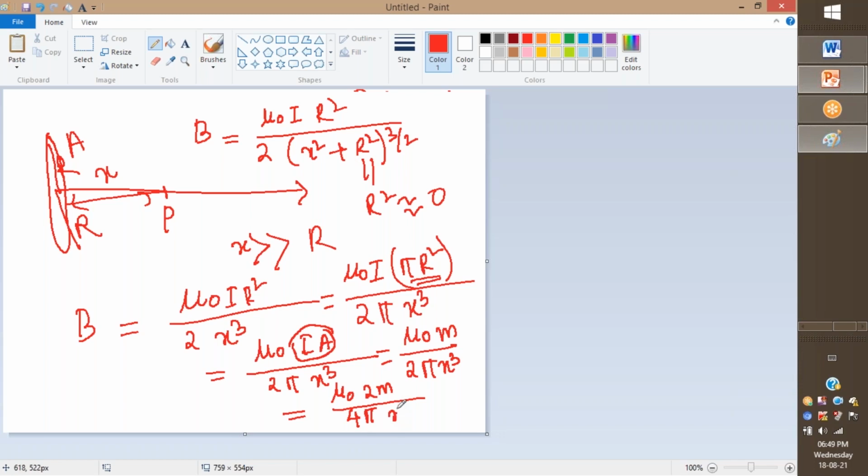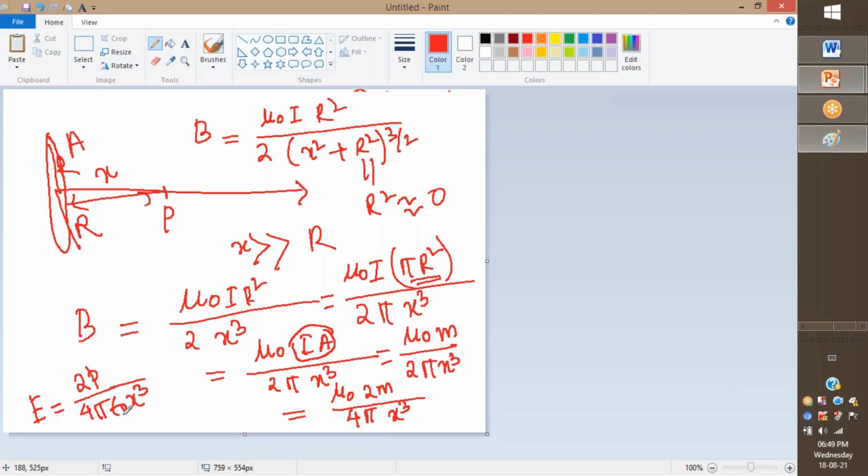Look, this expression you might have learned in case of electric dipole also. For any axial point of an electric dipole, the electric field created is 2p by 4 pi epsilon naught into x cube at any distance.